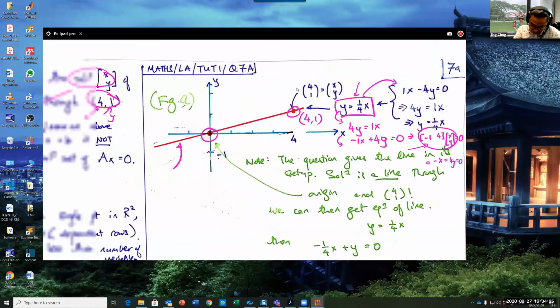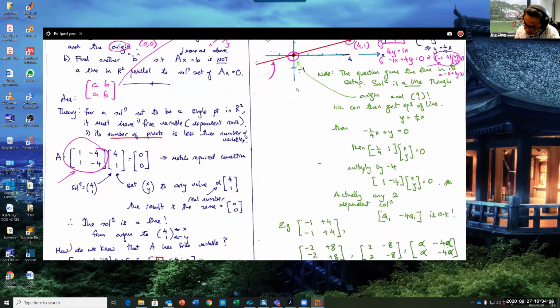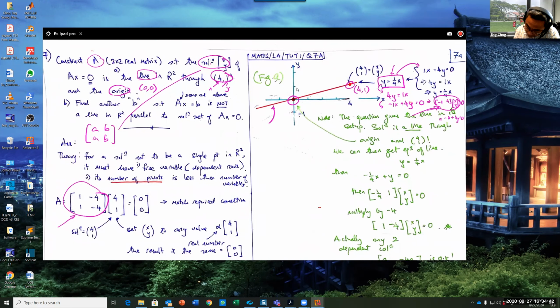Now, we have already found minus 1 and 4. But later on, you realize that I can actually find other values for this to be true. In fact, any values along this line can be the x and can be the y. Why so?